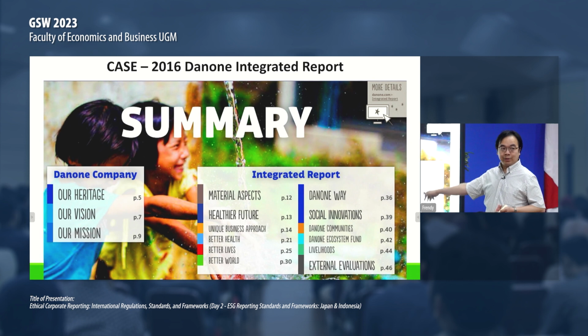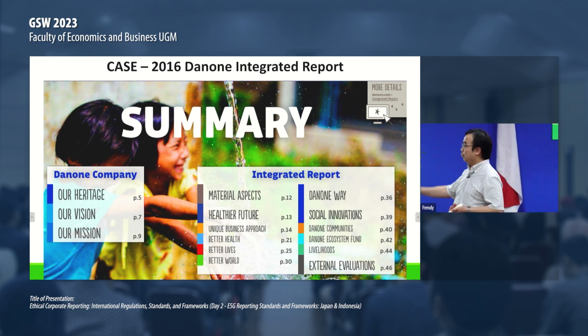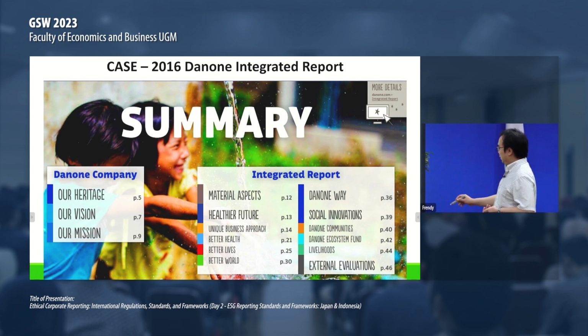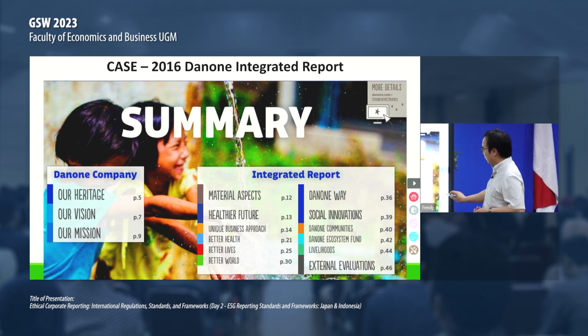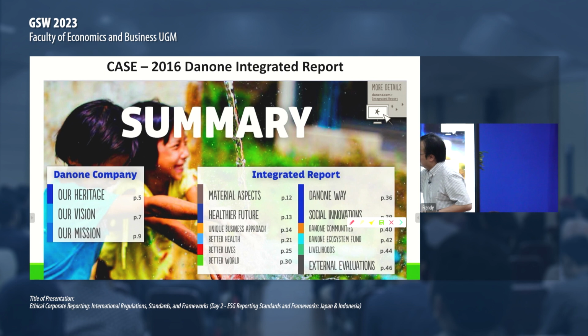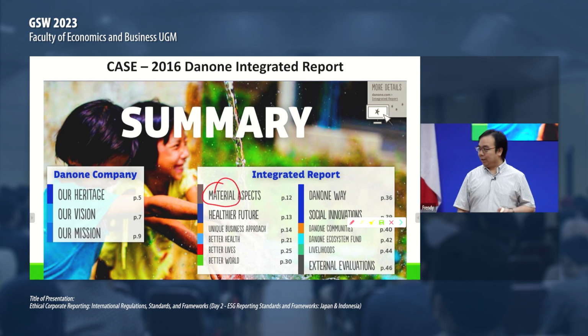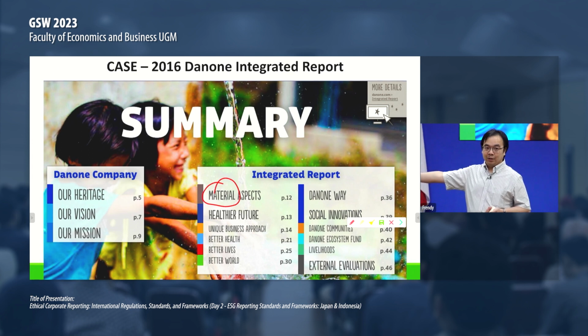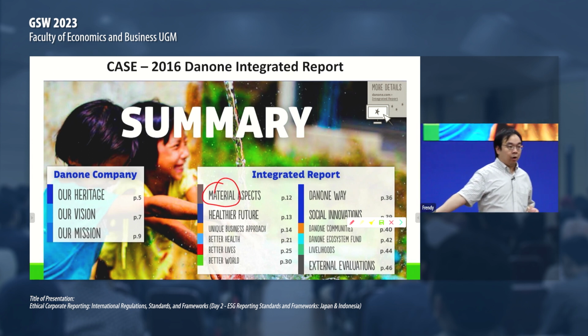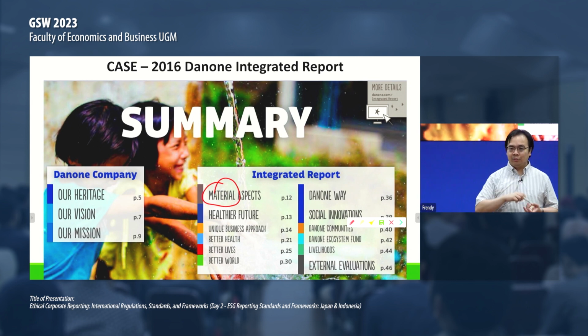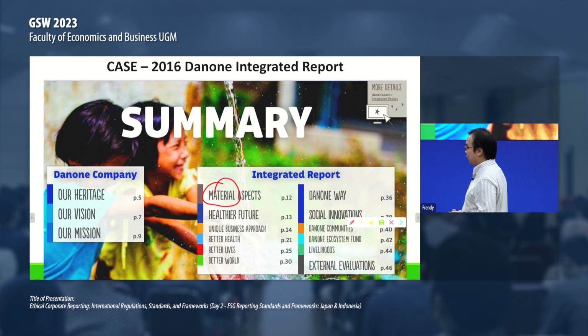So they apply the integrated report framework to make this sustainability report. If we look at the table of contents in the very first few pages, it discusses materiality, okay? So if you look at most of the ESG reporting by companies, they usually have to discuss the materiality first, in the first few sections, okay?